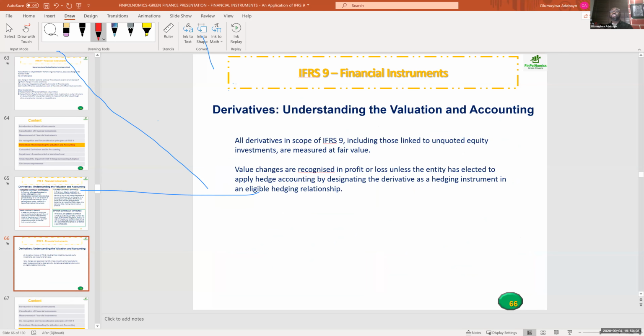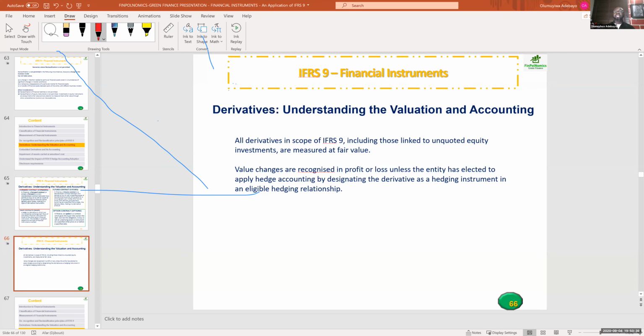Now, subsequently, a derivative will equally be measured at fair value, which means that at initial recognition, which is the first time you measure it, it was measured at fair value. Every reporting date, provided you are still party to that derivative, it will be measured at fair value. As we have said earlier, fair value at this preliminary level is synonymous with the market price of an item.